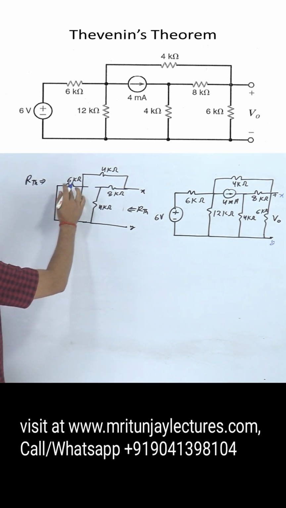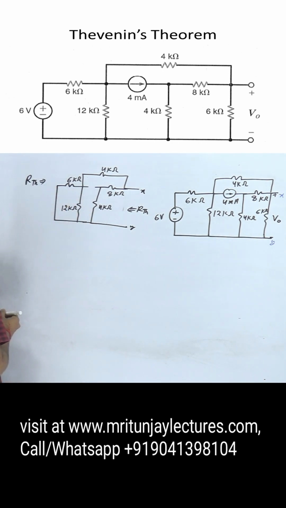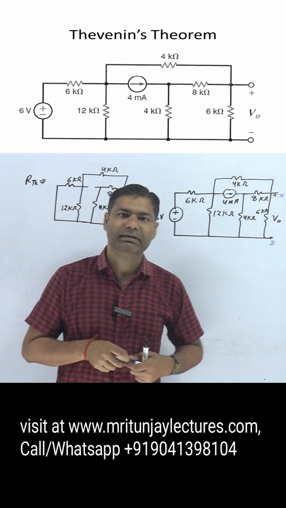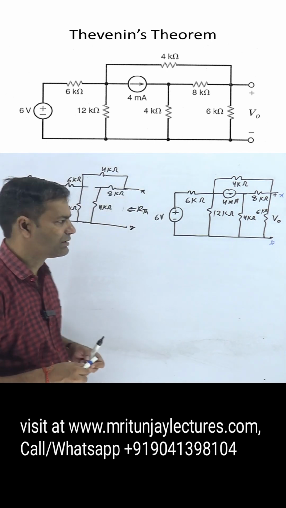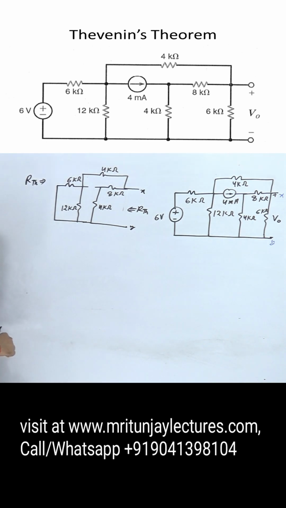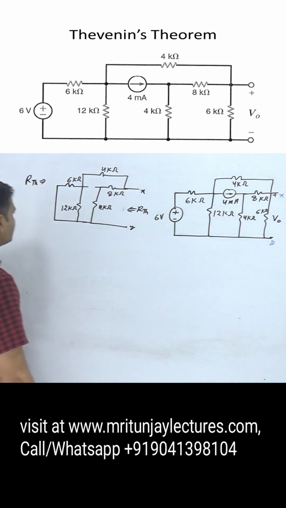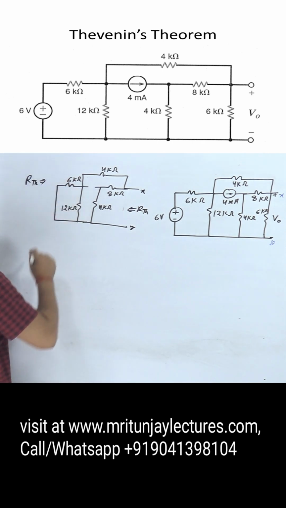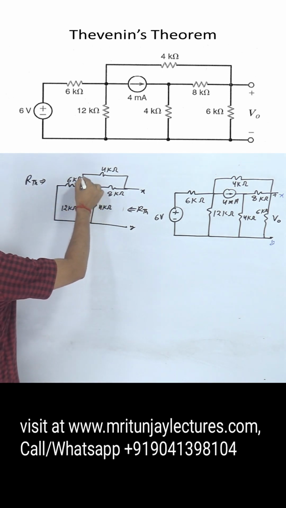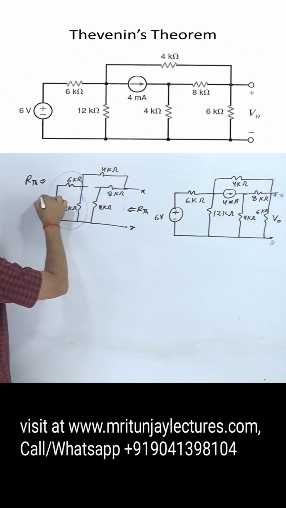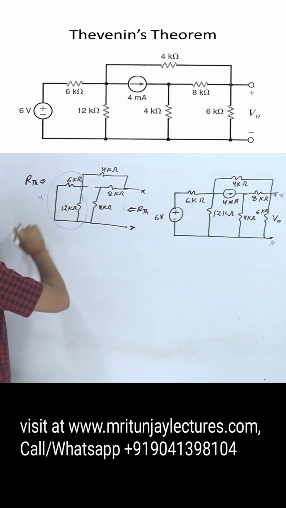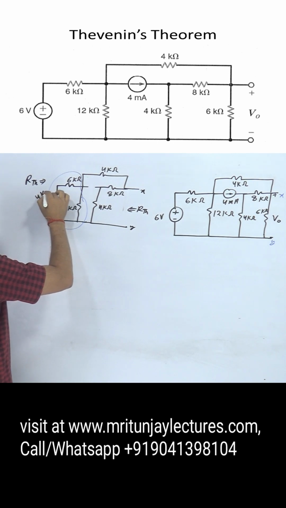So the combination of these two, we got 6 into 12 divided by 18, 6 divided by 3. 6 divided by 18 means 3, 4. The combination of these two, we got 4 kilo ohm.